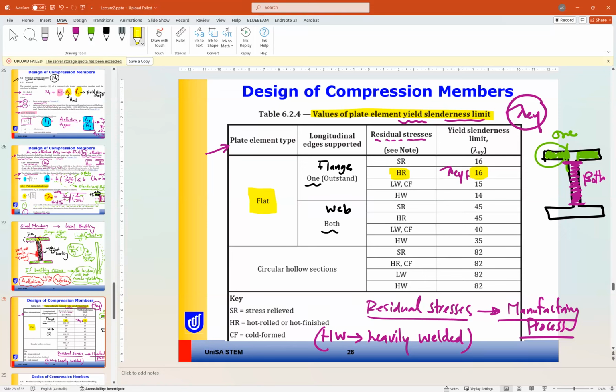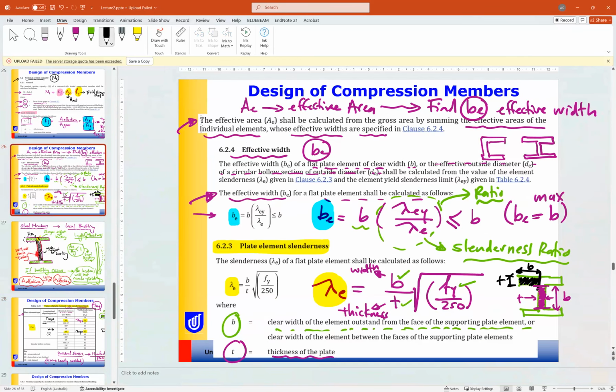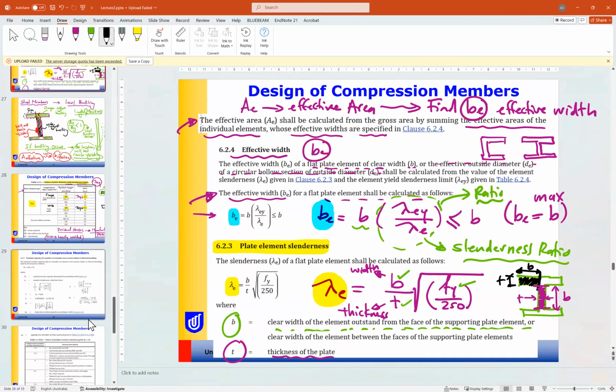And for web, HR for web, it is 45. So these limits are important for us so that we can check if it is buckling or not, and also to find the effective width and effective area of the member. Any question about that? Good?